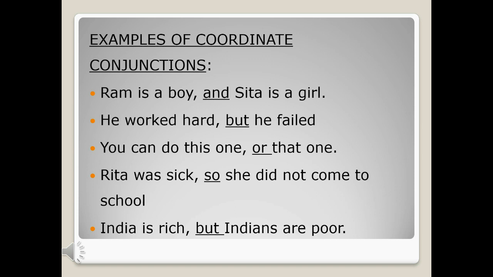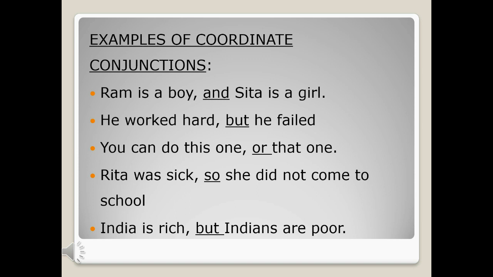In the first two sentences, the coordinate conjunctions and and but join two main clauses, whereas in the third sentence, or joins the two phrases, whereas in the fourth and fifth sentences, the coordinate conjunctions so and but join two main clauses.